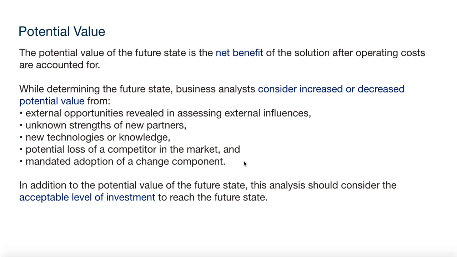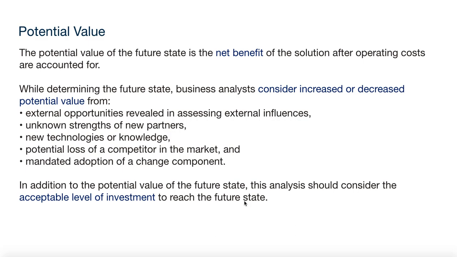In addition to the potential value of the future state, this analysis should consider the acceptable level of investment to reach the future state. So you have analyzed these possible increased and decreased values that could happen. In the end, all this information needs to be taken and seen whether, even after putting in an investment, the value is going to be positive or negative.